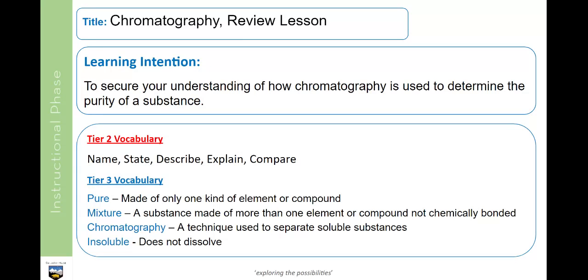So we've got pure, a substance made of only one kind of element or compound. A mixture, where you've got more than one element and or compound, not chemically bonded. Insoluble, meaning it does not dissolve. And chromatography was the technique we looked at to separate soluble mixtures.